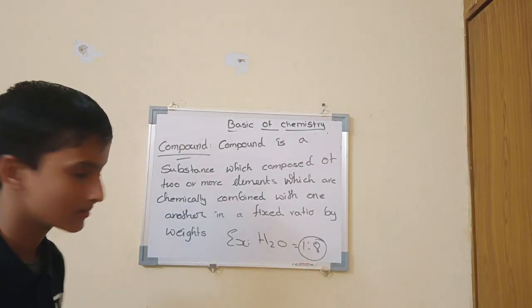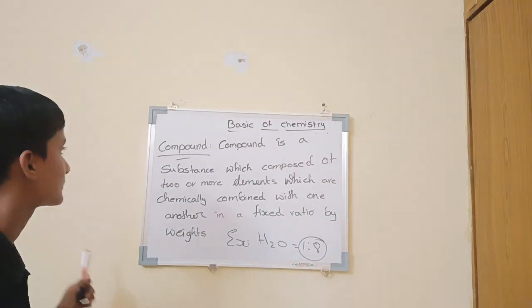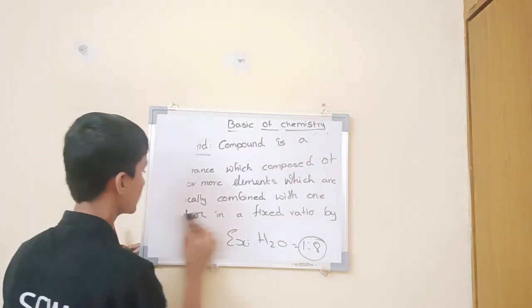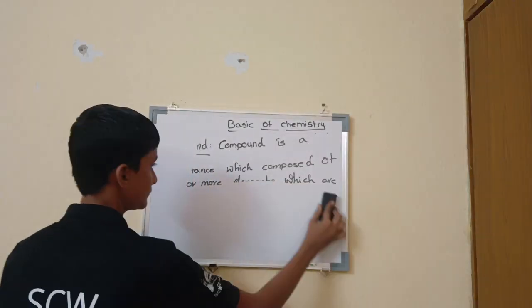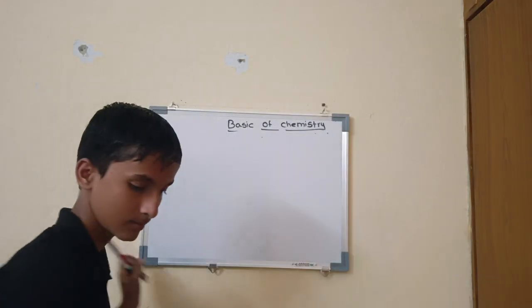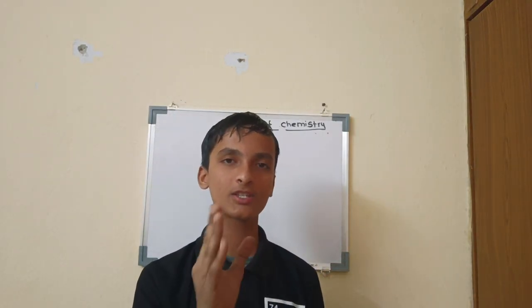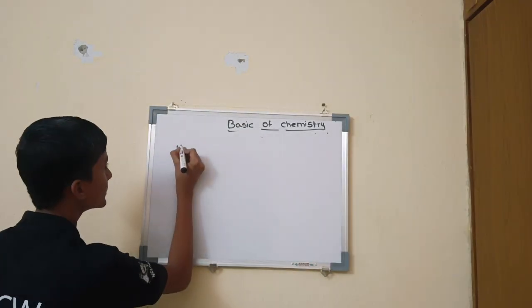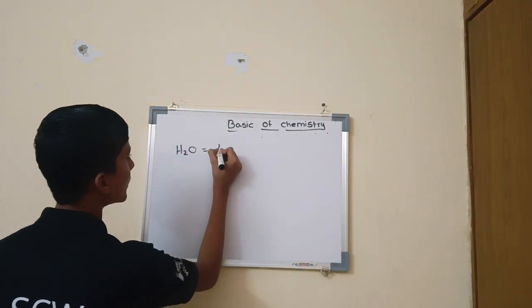All of you have written this? The fixed ratio of H2O is 1 is to 8. How 1 is to 8?